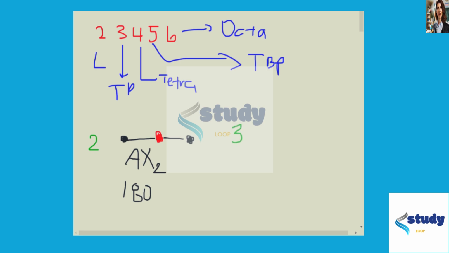For 3, you could have an angle going like this. Right? You can have it going like this because the lone pair is going to repel and bend these. And so this is going to be V-shaped and bent.